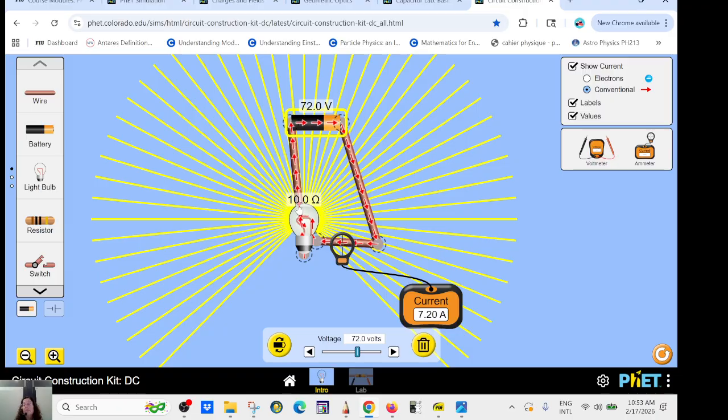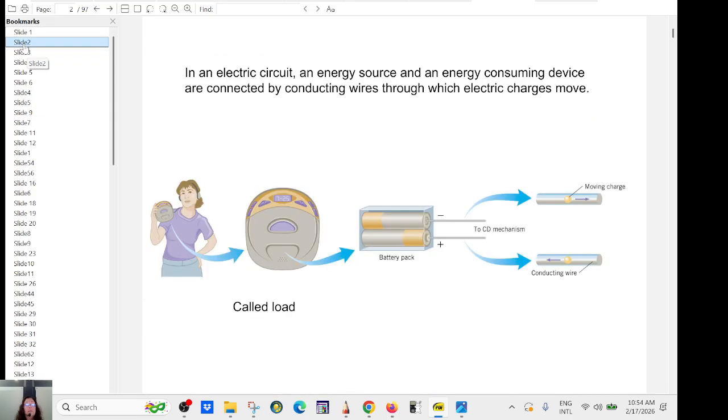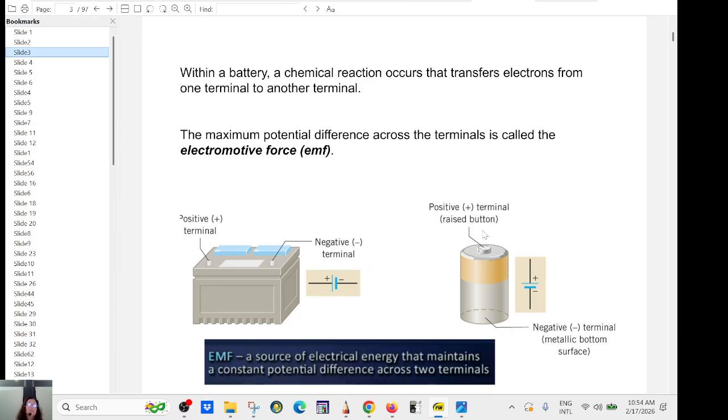And you see it has a resistance here, 10 ohms. So we'll talk about that next time. But that's the idea. So this is called the load, this is called the power supply, and you need to connect everything together. The power supply has an EMF.